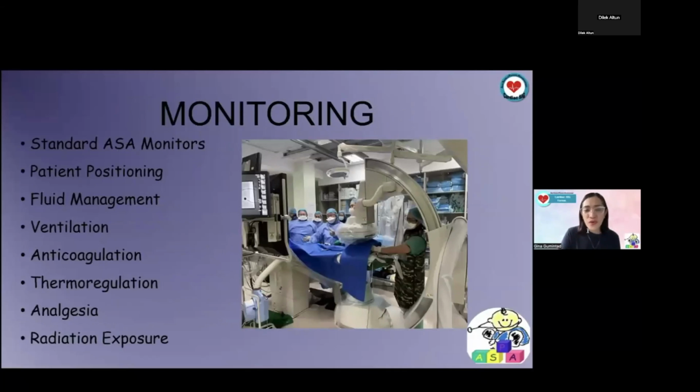This is how we do this in our setting, in one of the hospitals I work in here in the Philippines. This is our setup when we receive a patient like this. Very important is intra-op monitoring. We have prepared our standard monitors: 5-lead ECG, pulse oximetry, and non-invasive blood pressure monitoring.